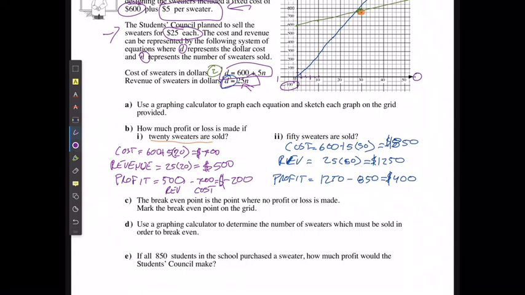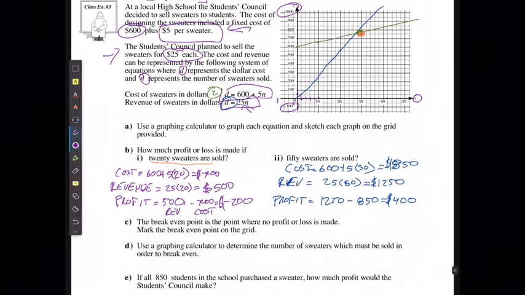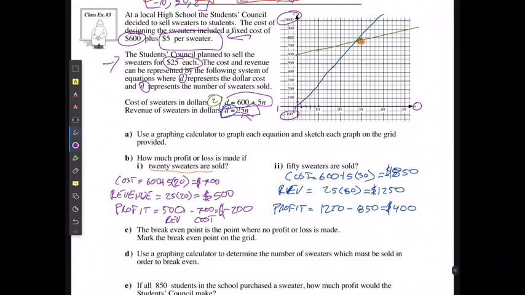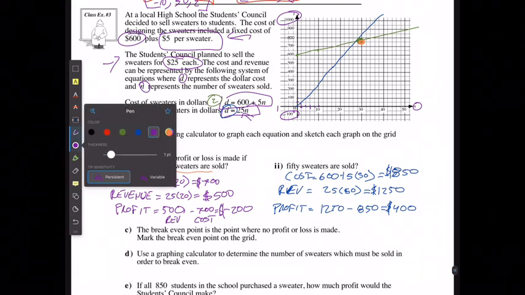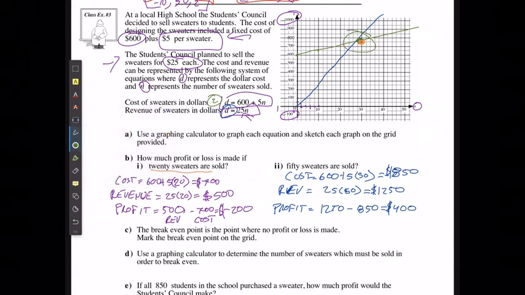The break-even point is when I am making no money, but no profit is made. Where's the break-even point? Well, the break-even point is going to be where the two lines cross.